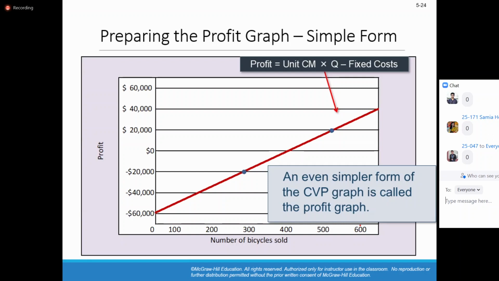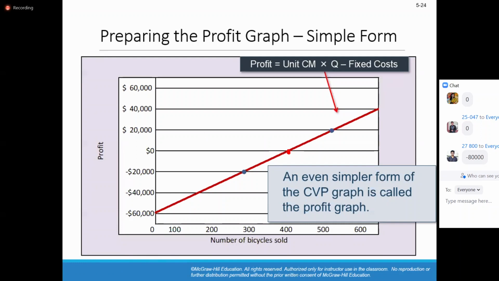And when our sales is equal to 400 units, we will see that our profit is 0. Okay, but when our sales is 0, I mean 0 units, what would be our profit? Our profit will be negative 80,000.